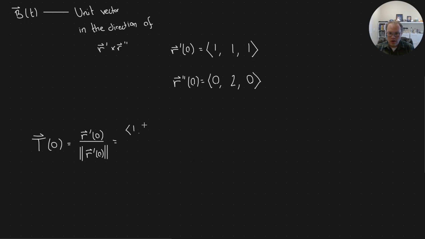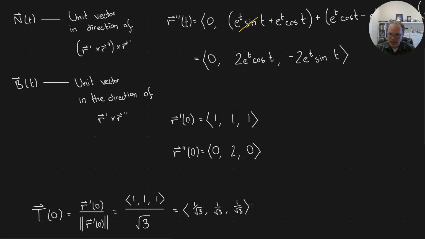So I just get 1, 1, 1 divided by the norm of that vector. So norm of 1 squared plus 1 plus 1 squared, that's going to be 3. So square root of 3, I get 1 over root 3, 1 over root 3, 1 over root 3. Okay? First one's done. That's the unit tangent vector.